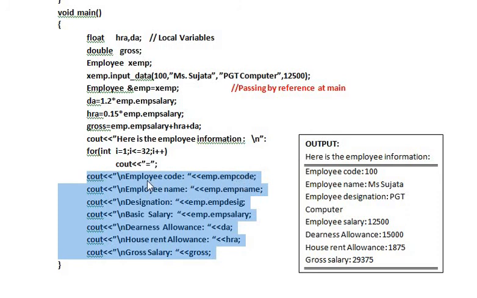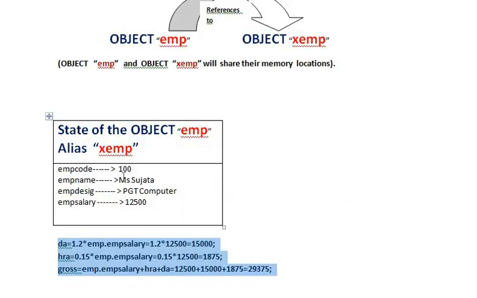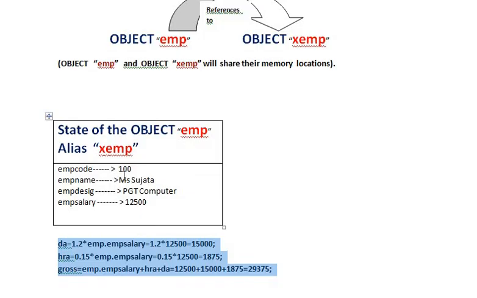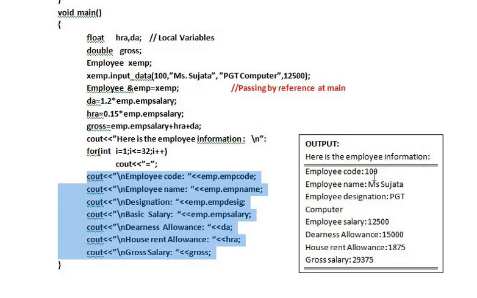So the text employee code is shown here, and then the value of the data member EMP code, which is 100. So employee code and 100.